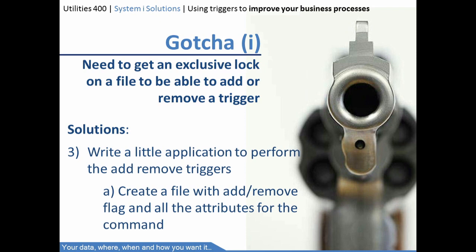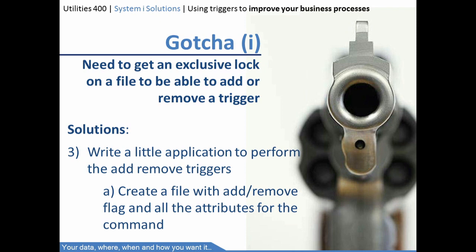Or the third solution, which is the one that makes more sense, and the one that we always try and encourage people to do, is instead of adding the trigger manually there and then when you want to do it, you write a little application that will perform the add and remove triggers. Okay. So during the day, if you want to start triggering your order header file, you have a little application where you type in, I want to start triggering my file order header in this library, and I want it to start tonight.